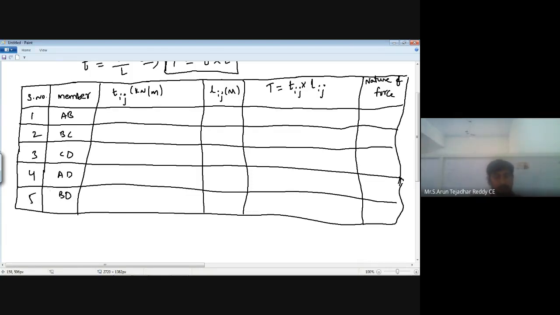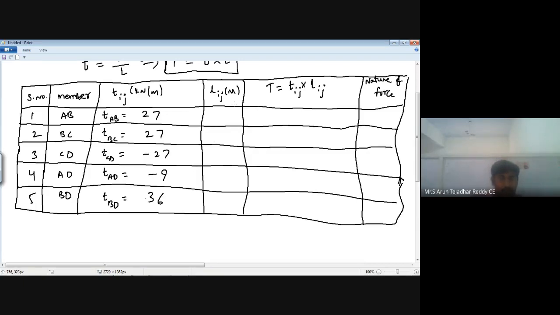Once check the values of small t. Here in place of ij, this is TAB, this is TBC, TCD, AD. Already we know the tension values we just got: 27, 27, minus 27, minus 9, 36, all in kilonewton per meter.